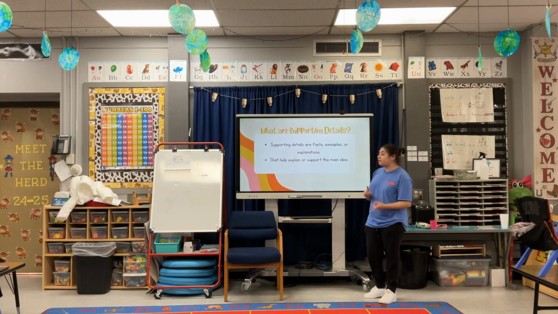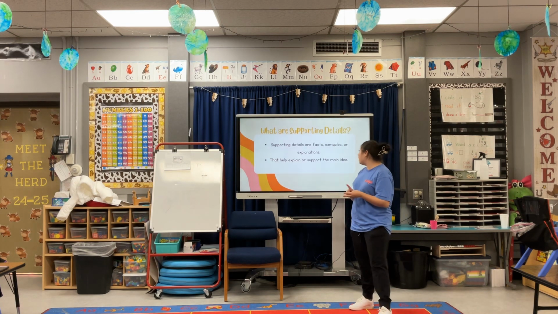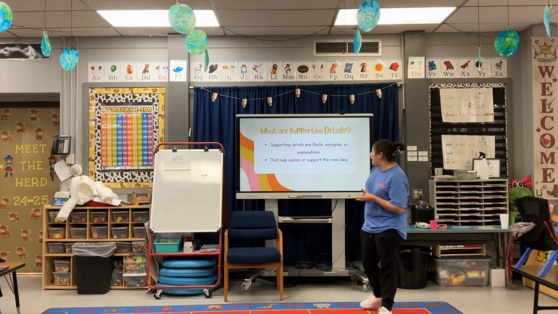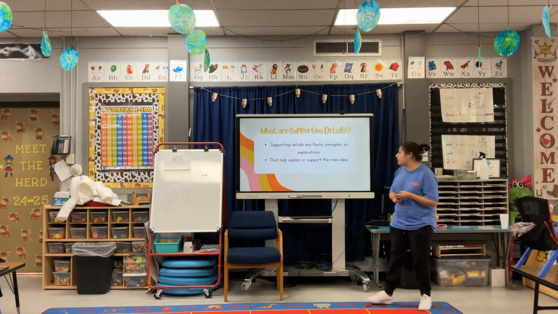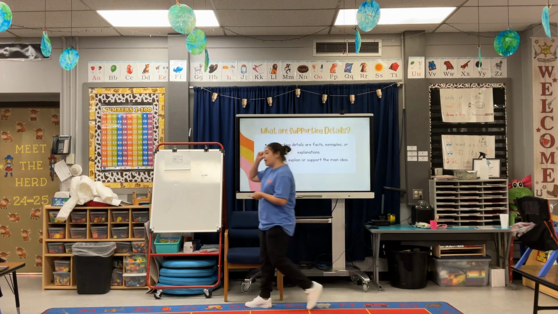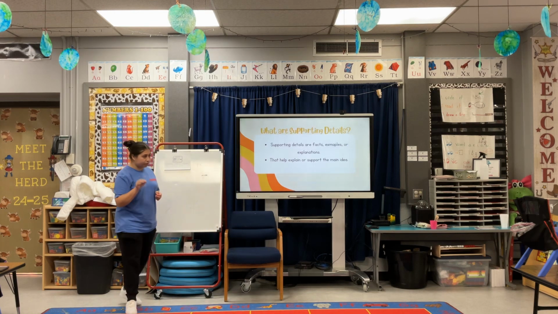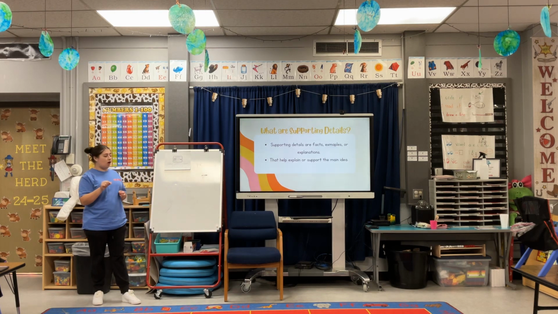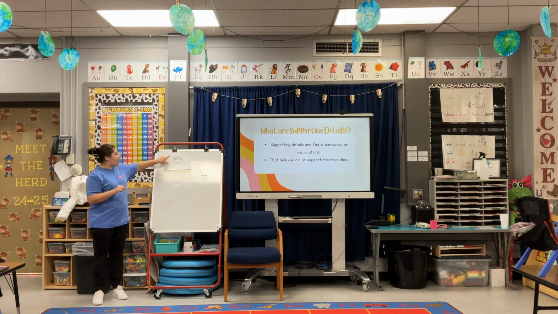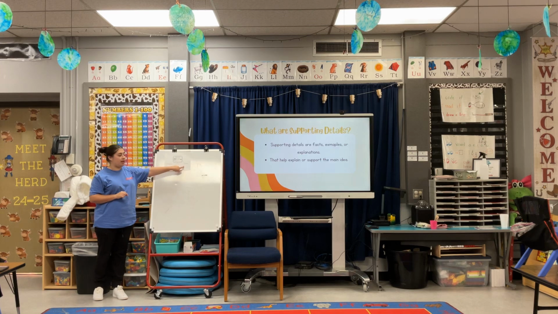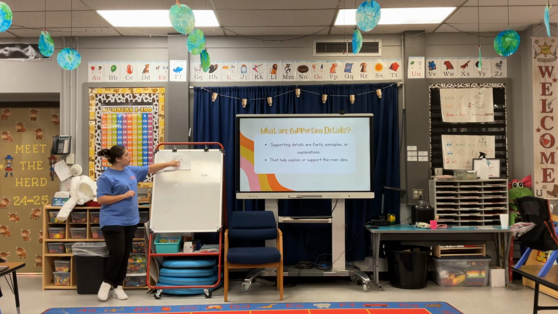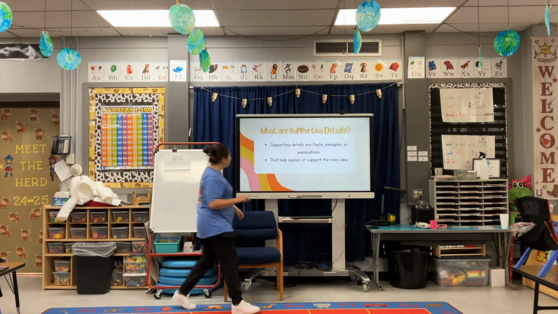Supporting details are facts, examples, or explanations that help explain or support the main idea. So today we're going to be going over the nonfiction text, Our Animals Inventors, and we're going to look at our graphic organizer. We have our main idea and our 3 supporting details, okay? So let's look at our text.